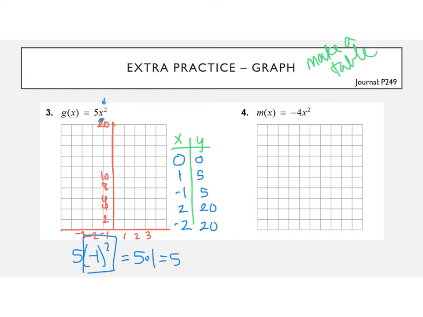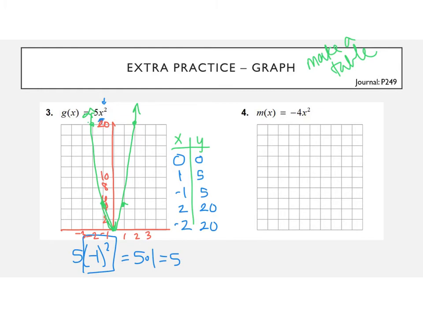So then when you graph your points, I'm going to graph (0, 0). (1, 5) would be about here. (-1, 5). (2, 20). (-2, 20). Okay, and do you see that U shape in there? We're going to draw that. See if you can make it not as pointed there on the bottom. And you do need to put arrows on it.